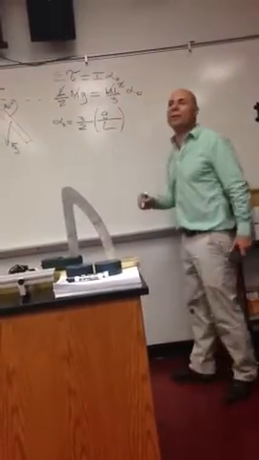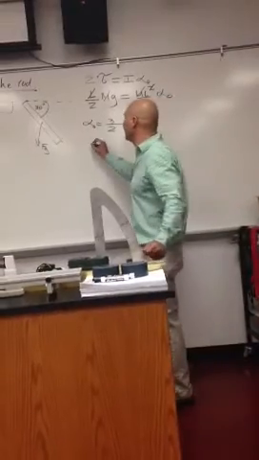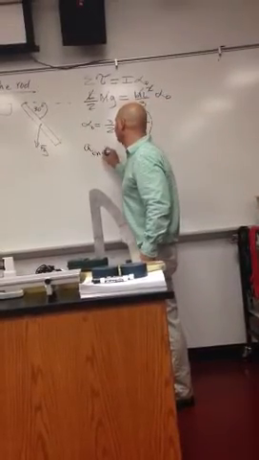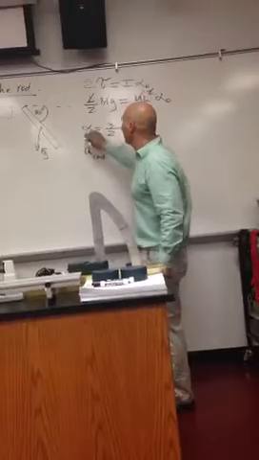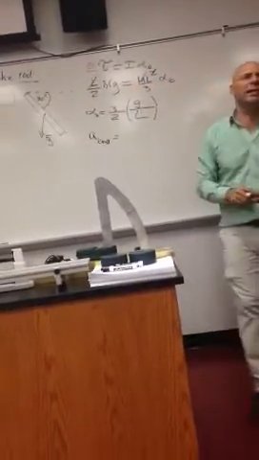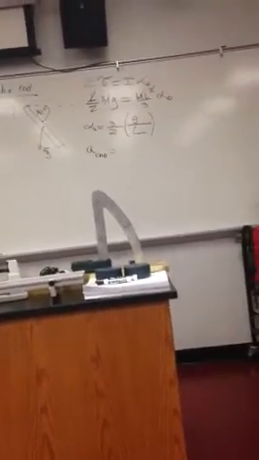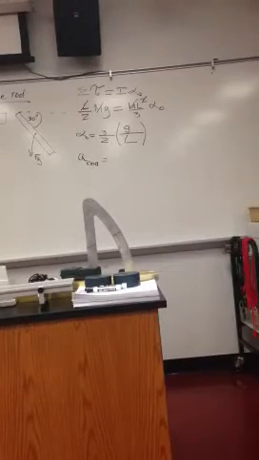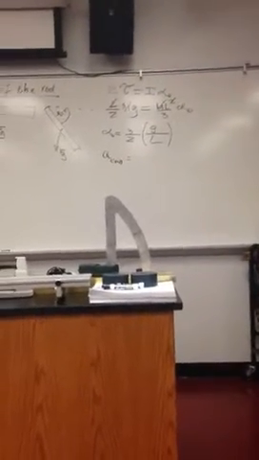If I want to find the linear acceleration at the end of the rod, what is it equal to? Alpha R. At the end of the rod, what will be R?